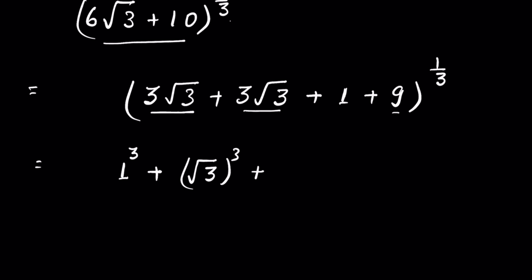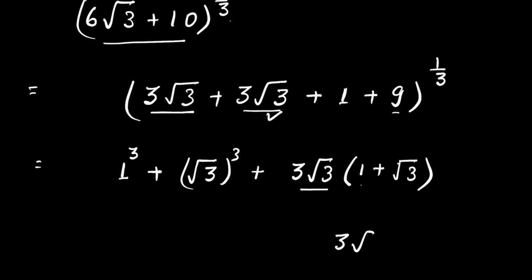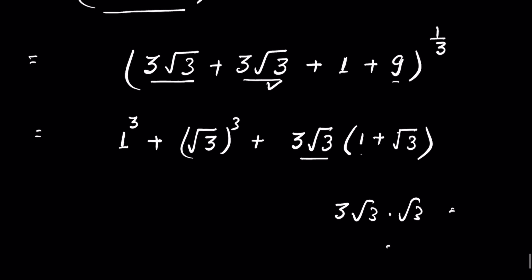So we can write here 3 times square root of 3 as common and write 1 plus 3 under square root. 3 times square root of 3 times 1 will be equal to 3 times square root of 3, and 3 times square root of 3 times square root of 3, this will be equal to 3 times square root of 3 square, or it will be equal to 9. Then whole raised to the power of 1 upon 3.